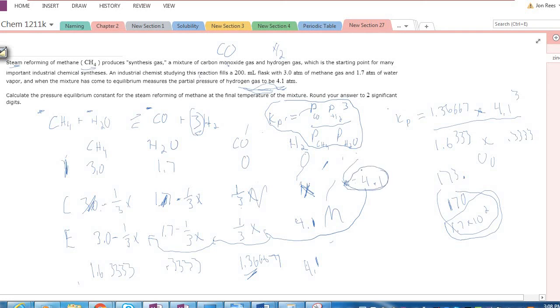It's just building your ICE table correctly. And remember, X is given to us because it tells us the equilibrium partial pressure of hydrogen is 4.1. It's giving us that information, so we just plug that in and do the algebra. So that should be able to get you through these types of problems. This was a little more complex because we have fractions, but you should be able to do these with no problem.